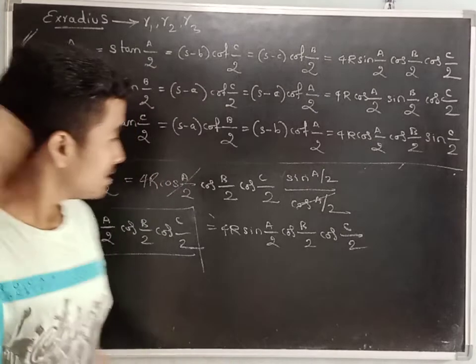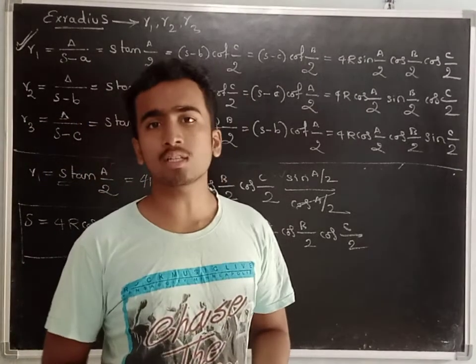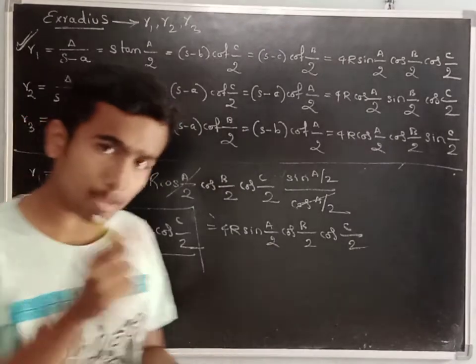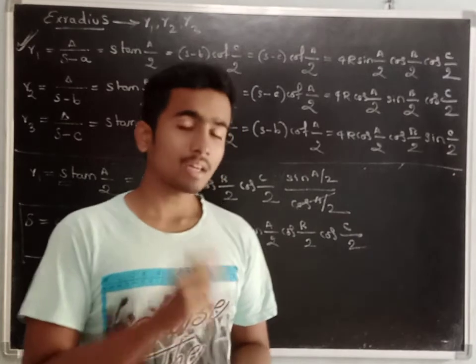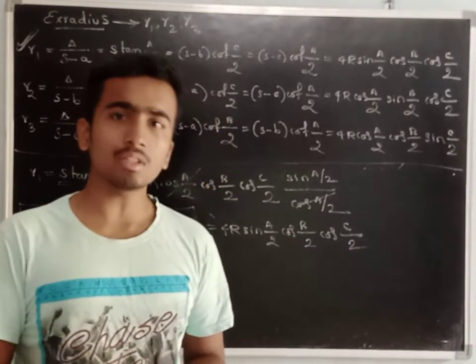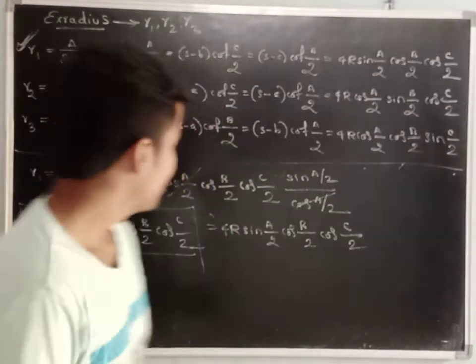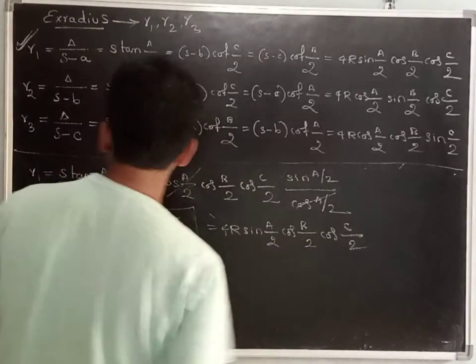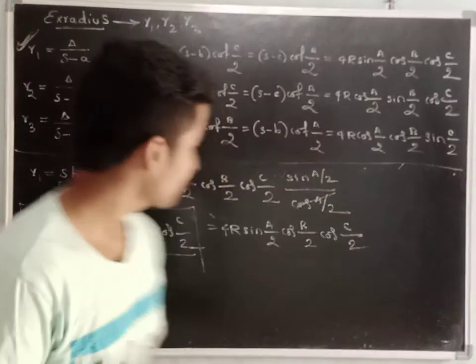If you understand the previous concepts perfectly, then the concept that you are going to learn new will be easier to understand. Okay? 4r sin a by 2 cos b by 2 cos c by 2 for r1. We have got again the same result.